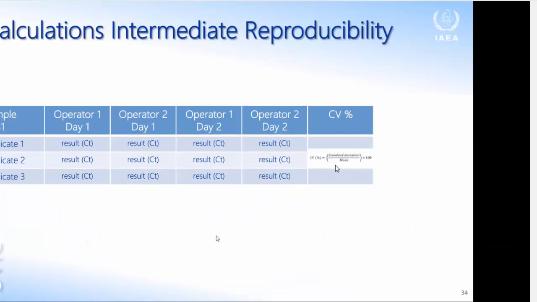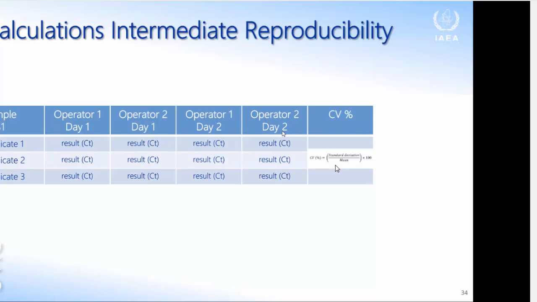At the end, how do we calculate the intermediate reproducibility? In this example, I present only the results and calculation for the first sample, let's say the RPS1 sample. We have 3 replicates of this sample, with the results from the first operator and the second operator on day 1, as well as the results for these triplicates by the first operator and the second operator testing these samples on the second day.